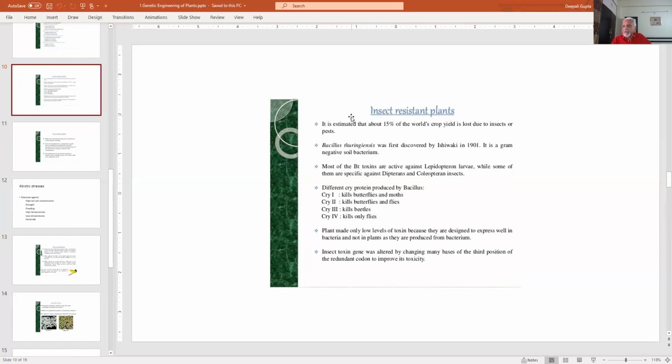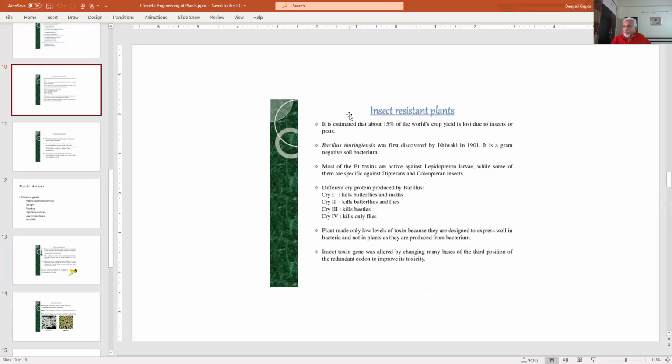Similarly, insect resistance. One of the most popular applications, or production, of insect resistant plants is using BT technology. Now, what is this BT technology? There will be a detailed lecture on this.